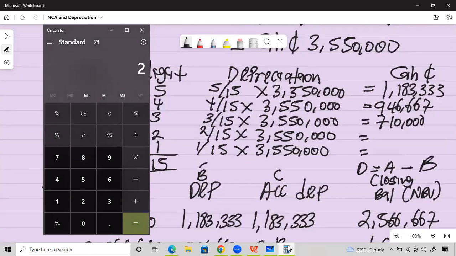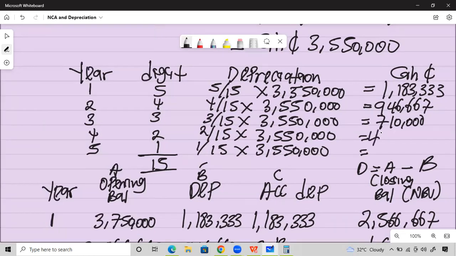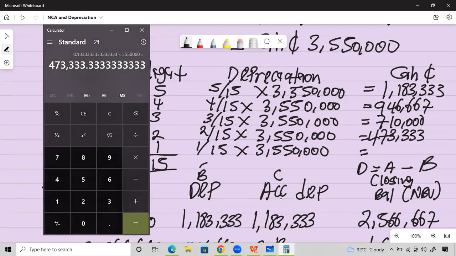So 2 divided by 15 multiplied by 3,550,000. That's 473,333. The next one, just say 1 divided by 15 multiplied by 3 million, so that everybody will understand.